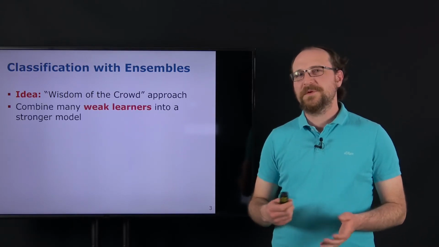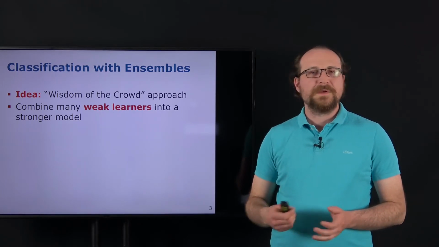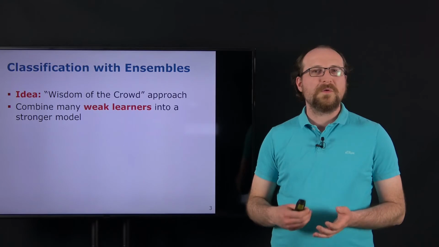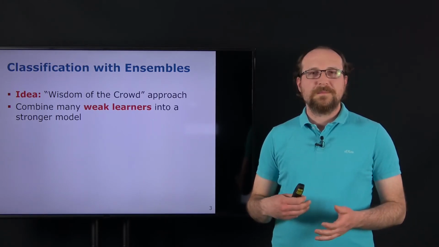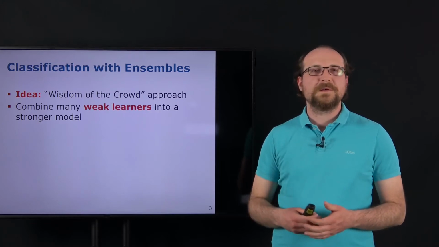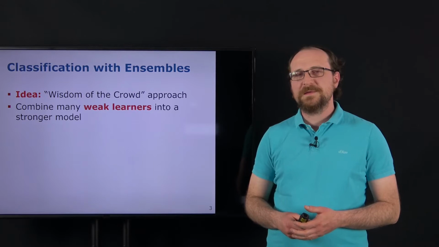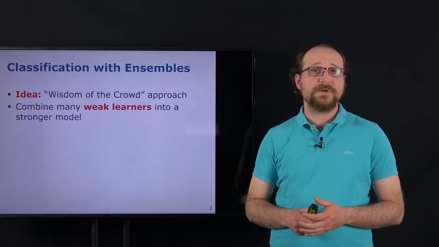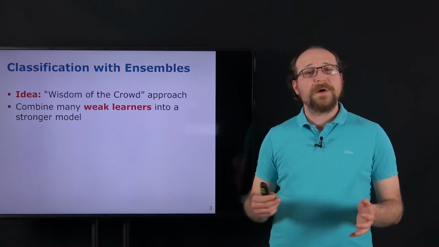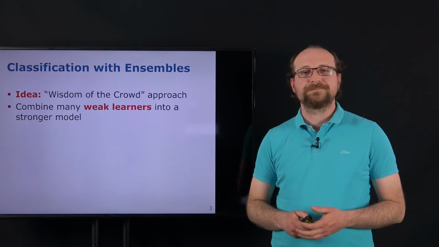And here we want to combine so-called weak learners, something like a decision tree, which is not grown very deep. Weak means here that it's maybe a little bit better than a random guess. And we want to combine these weak learners, each very inaccurate for itself, but by combining them, we are getting out a stronger model in the end.